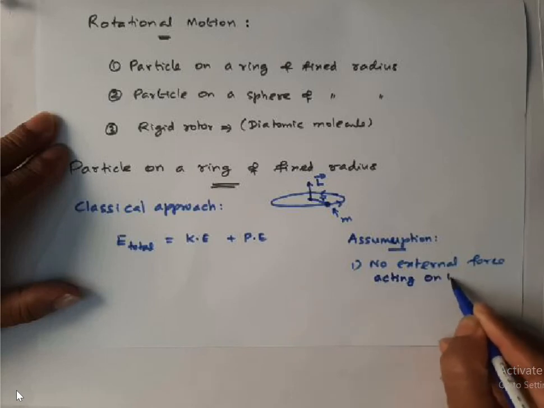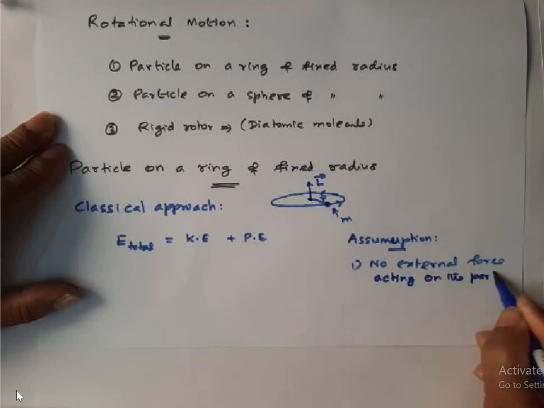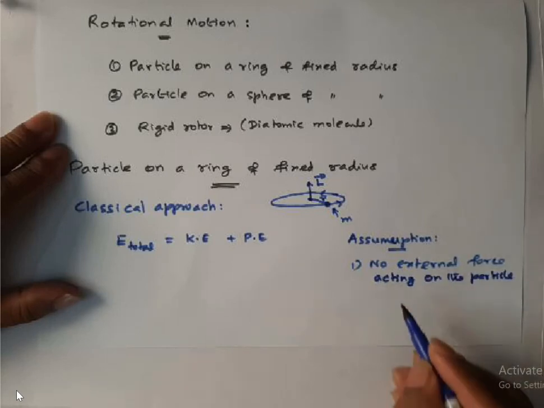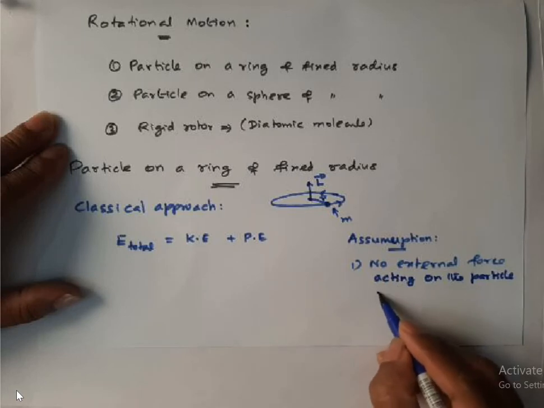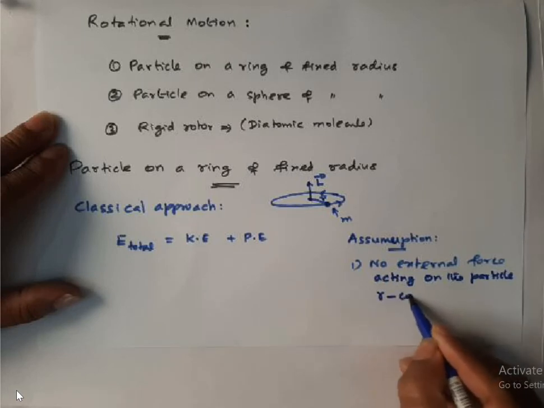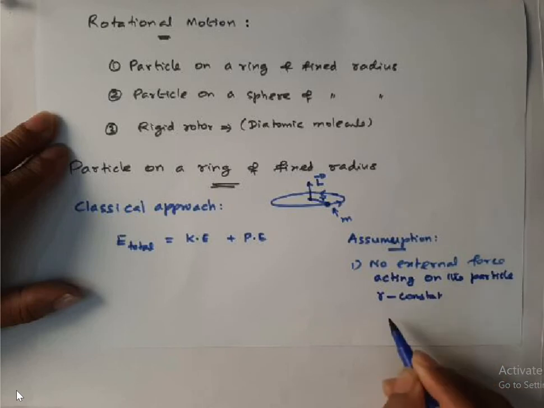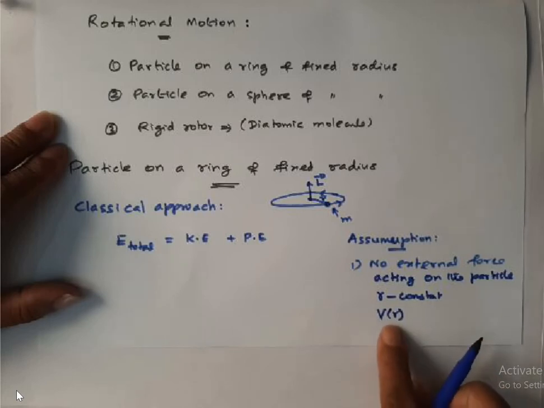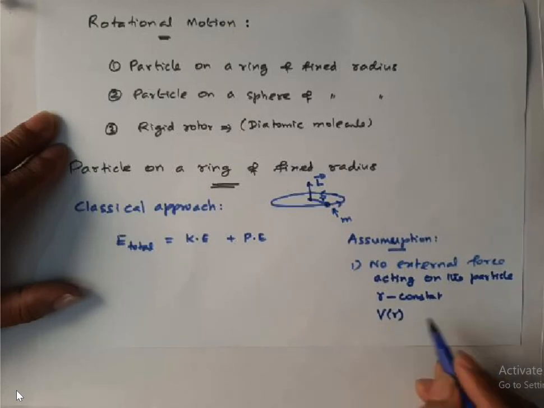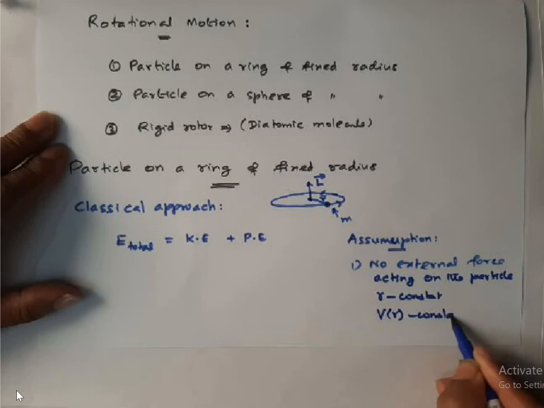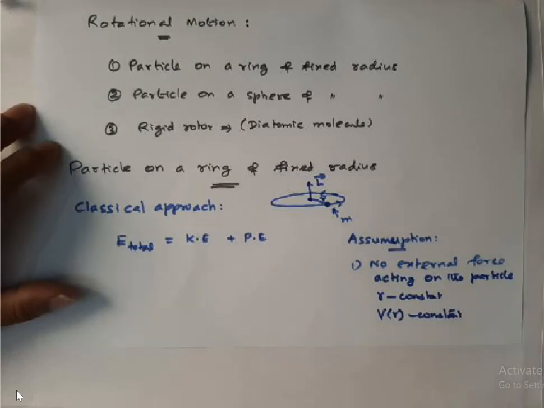Therefore r, that is the radius, remains constant. Not only r, potential energy, which actually depends on r, is also constant in this case, because r is constant.